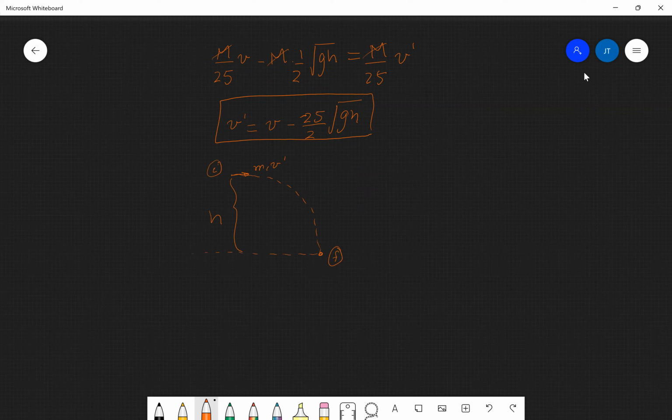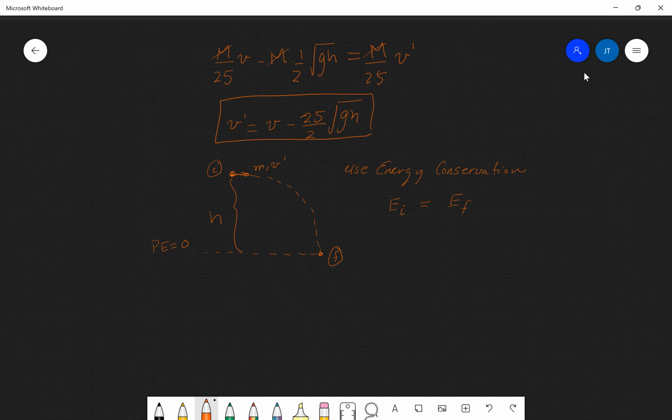We are going to take the potential energy equals 0 line over here. So now we can use conservation of energy. The energy initial at point I up here must equal the energy final. There's no loss to friction or anything like that.